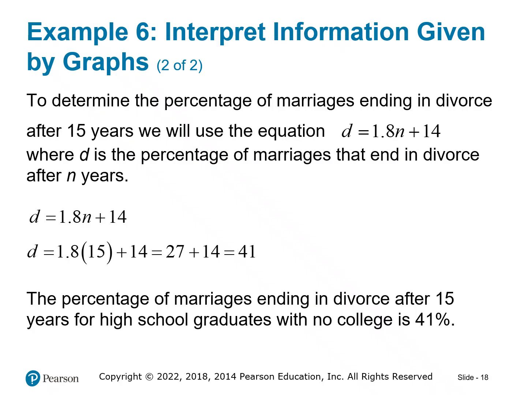So what we're going to do is substitute 15 in for n. And when we do that, we end up with 41%. So the percentage of marriages ending in divorce after 15 years for high school graduates with no college is 41%. So if you notice on your paper, there is a second formula, which is D equals 1.3n plus 6.